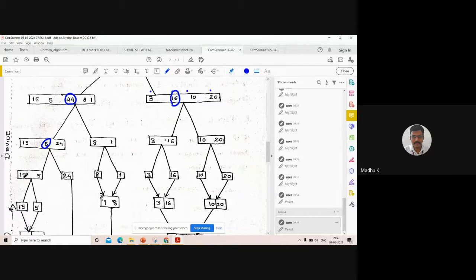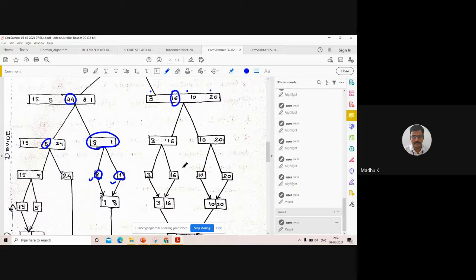Then this is 15, 5, then this is 24. Similarly, we will divide it again. If we divide this, then it will become 8 and it will become 1. So here the further division is not possible. Then what we will do?